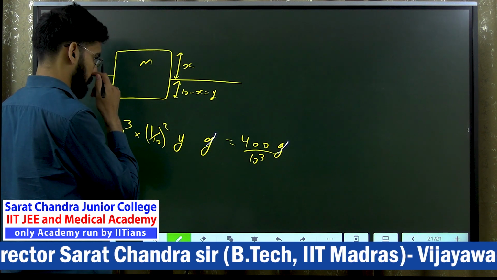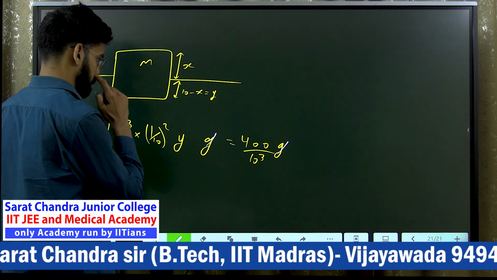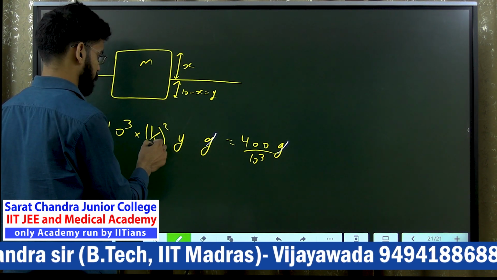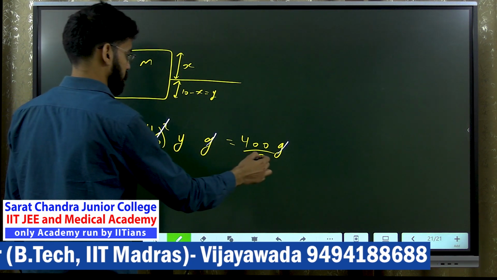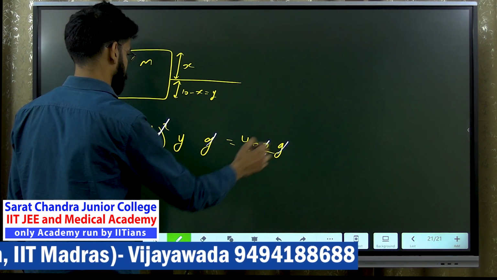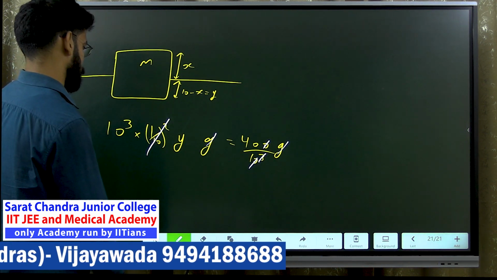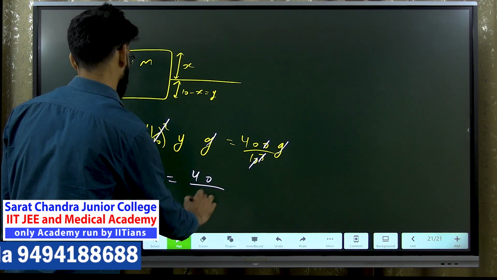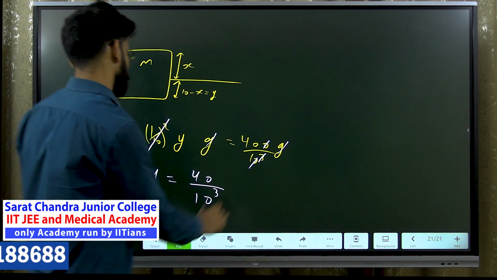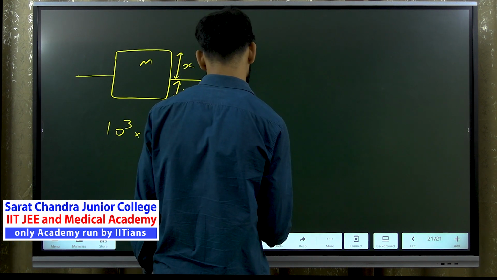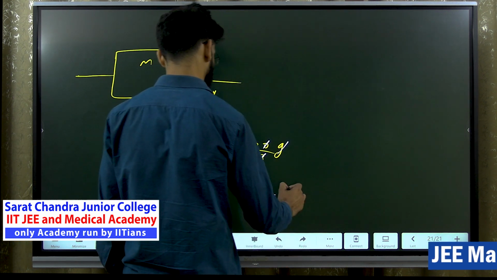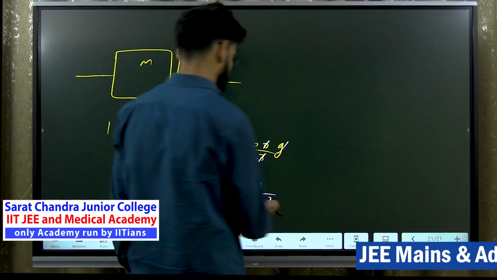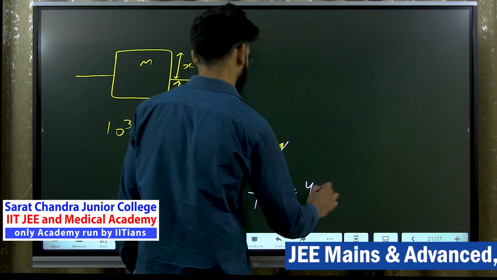So y is equals to what? 40 divided by 10 to the power 3, which is 4 upon 10 square. So y is how much in centimeter? This is in meter, so in centimeter this is 4 centimeter.